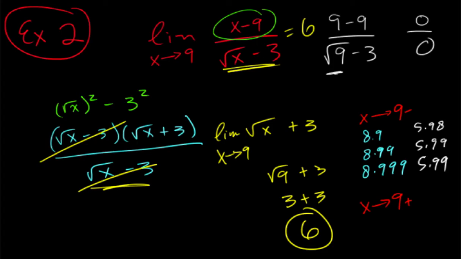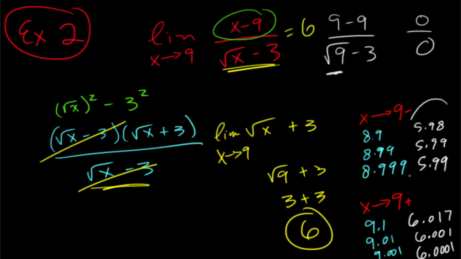Now, if we're coming from the right side, we're going to be plugging in values like 9.1, 9.01, 9.001, getting closer to 9 but coming from above it and going down. If we do this, we get 6.01, 6.001, and then 6.0001.